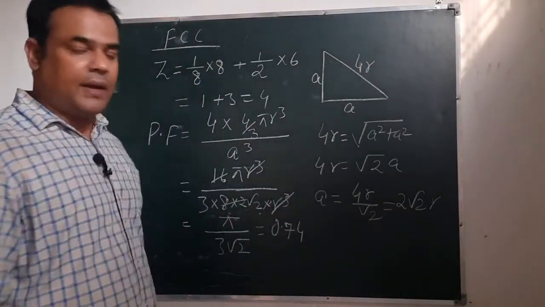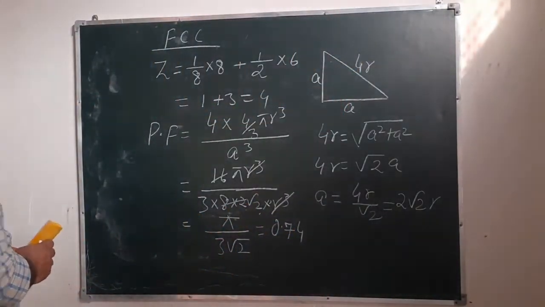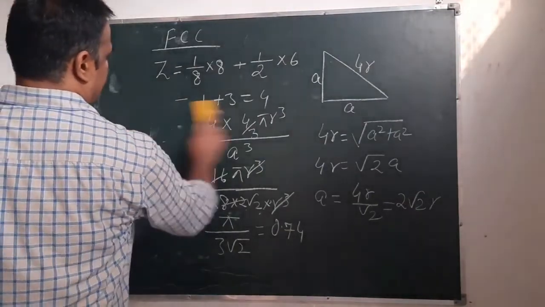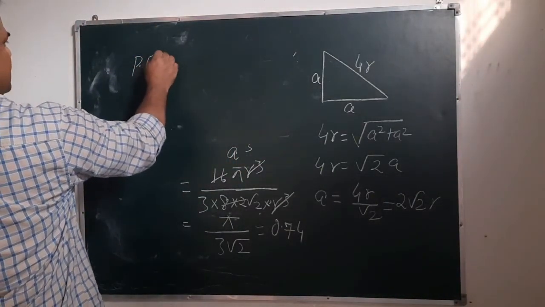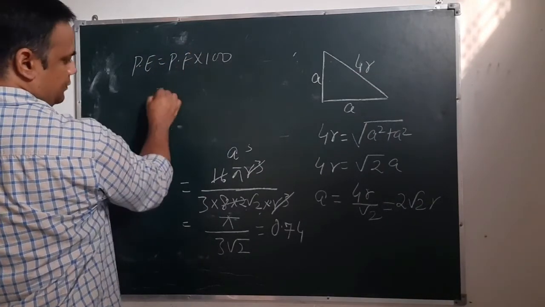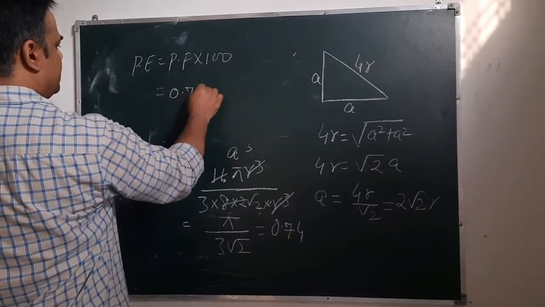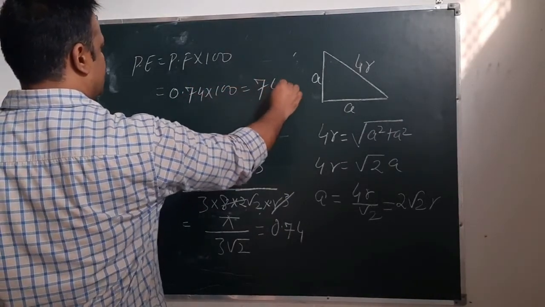We know that packing efficiency is equal to packing fraction into 100. So packing efficiency will be 0.74 into 100, and that will be equal to 74%.